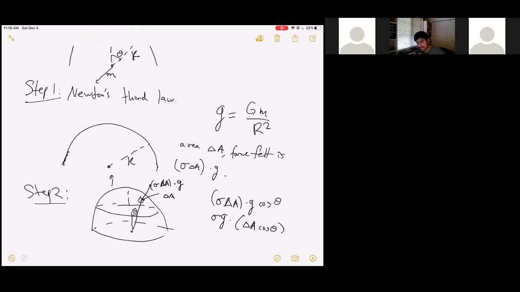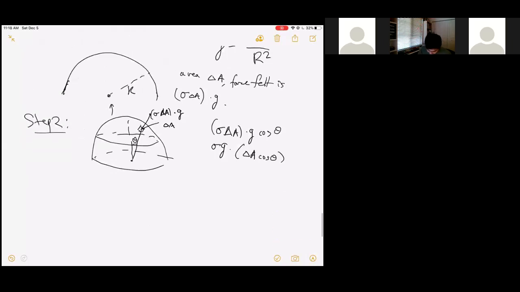Okay, so Evan has given a good answer. Projection onto the base of the hemisphere, exactly right. So delta A cos theta is exactly the area if you project that little patch. The patch is angled at some angle theta, which is the same angle here, and it's the area of the projected patch onto the bottom.